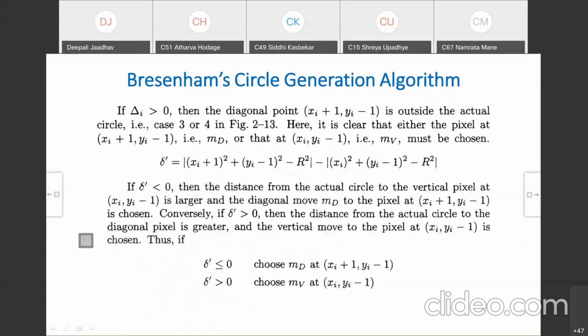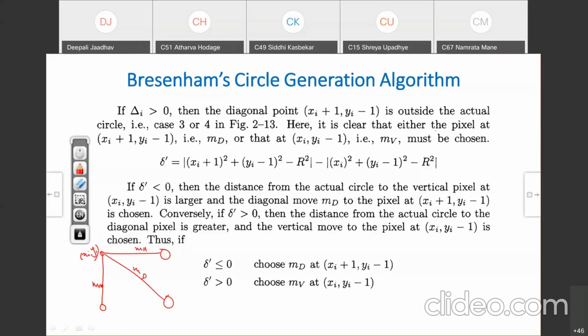If delta I is greater than 0, then the diagonal point, xi plus 1, yi minus 1, is outside. Why? Because it is greater than r.